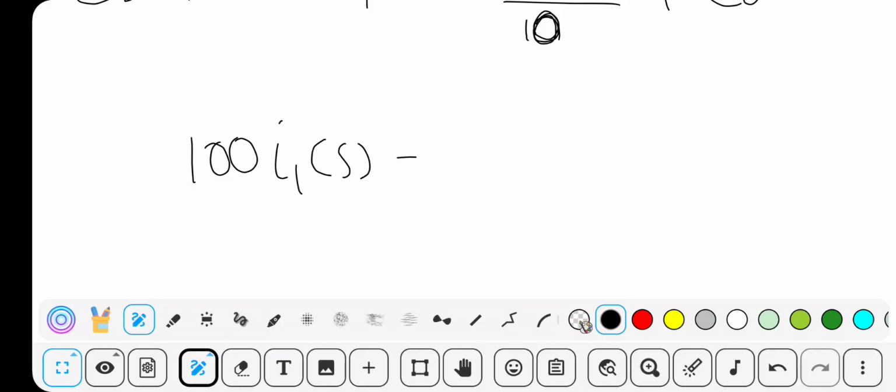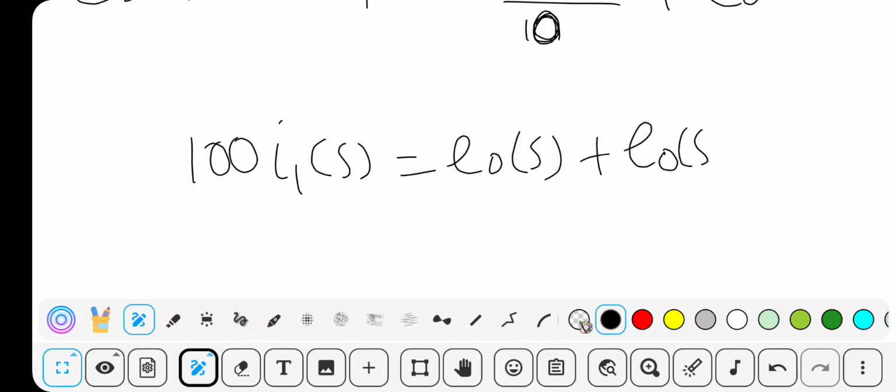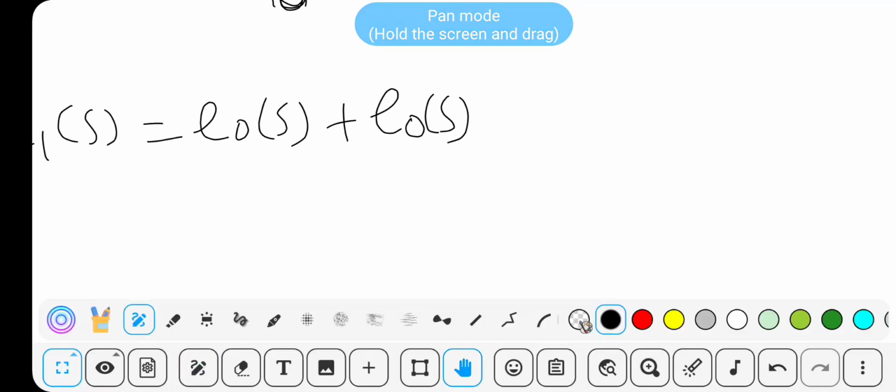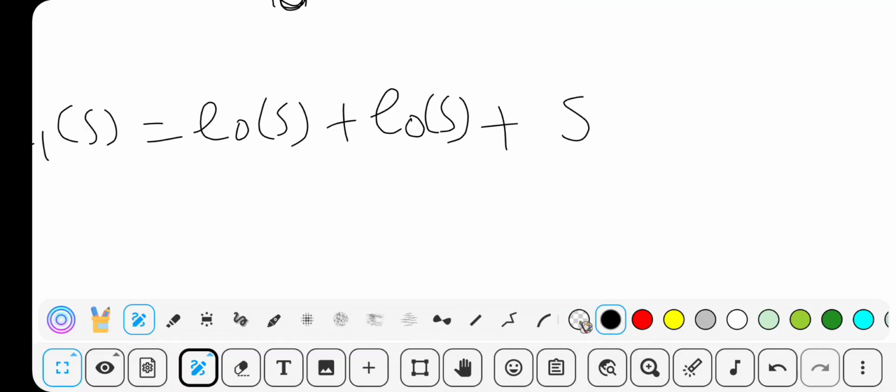This is what you have, plus this plus this over 10, sorry, not 100, 10.